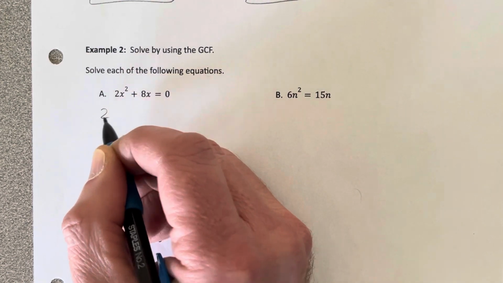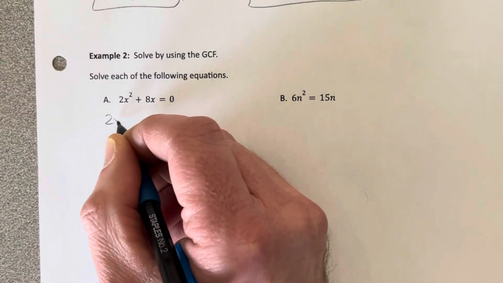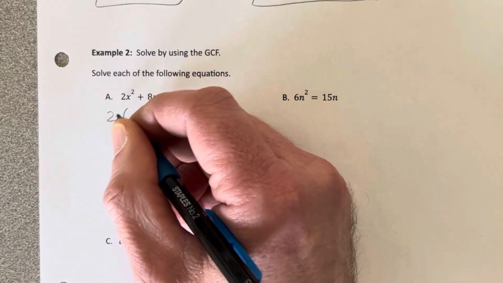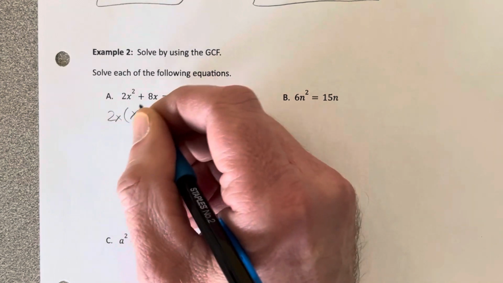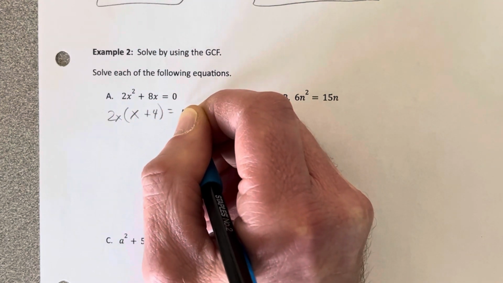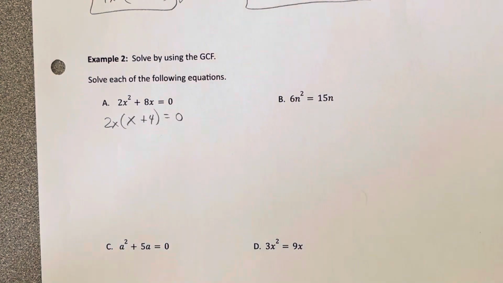So 2 goes into 2 and 8. X goes into x squared and x. So we'll take out a 2x, divide, and we are now in factored form.